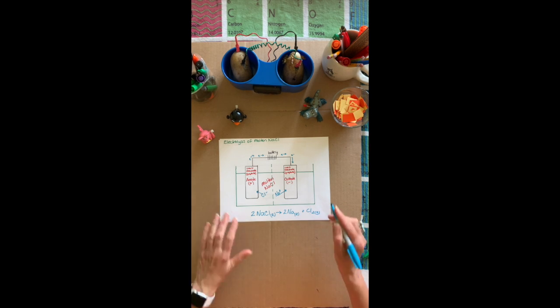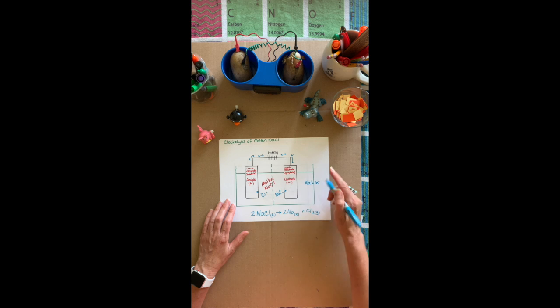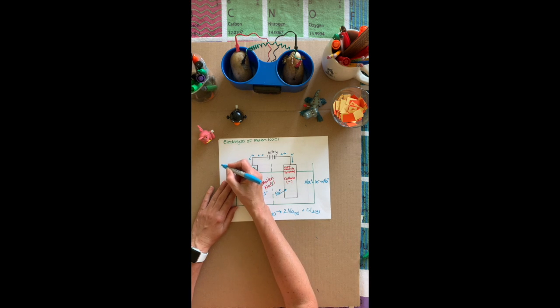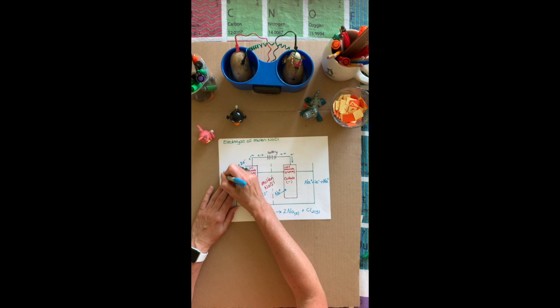During this process, that chlorine forms chlorine gas, and the sodium ions grab those electrons to form liquid sodium atoms. So looking at the half reactions, we're going to have Na+ grabs an electron that's traveling down here to create sodium atoms. On this side, we have chloride becoming chlorine gas plus 2 electrons.